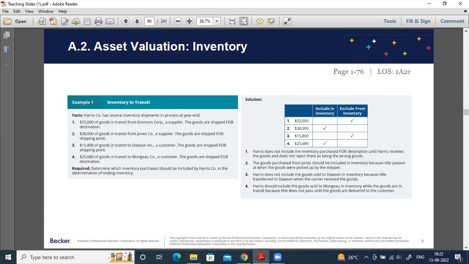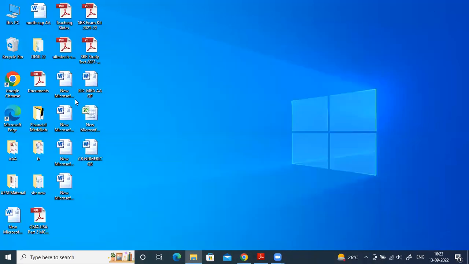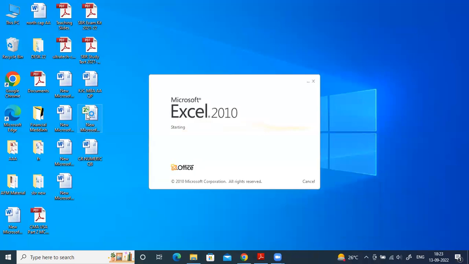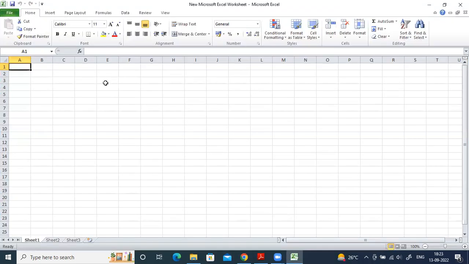Shall I show a small example illustration? Shall we do that? Yes, sir. Now there are two companies, X Limited company. You need to ascertain whether it should be included in the books of X Limited or not.